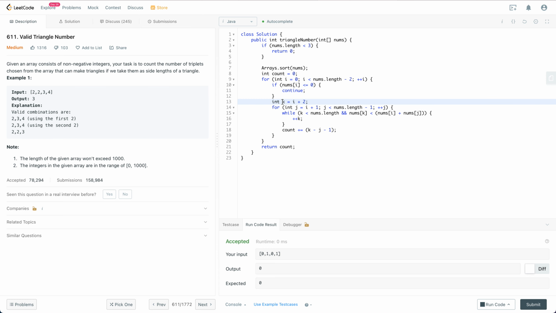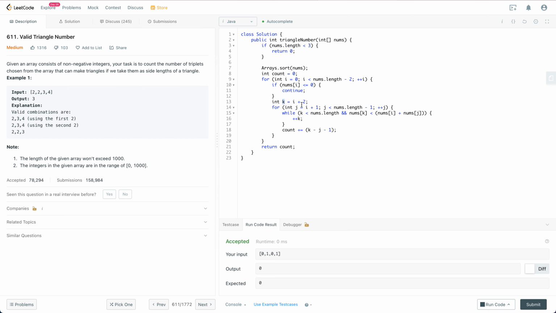potentially we can move k to the next number, but we never need to move k backwards. Because if the next number, nums j, is larger than the previous one, then of course the current k, the current longest side, which is nums k, should already be smaller than nums i plus nums j.